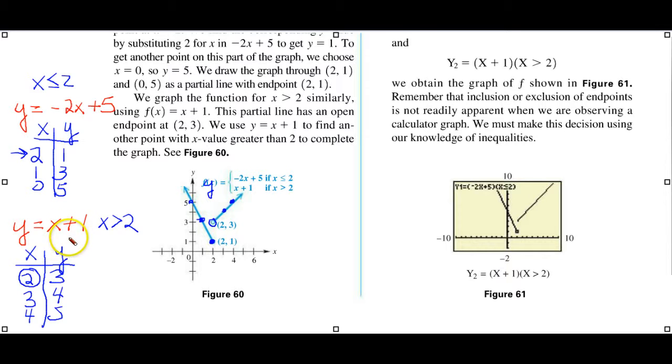Again, for the other function, looking at the qualifier, picking out points, remembering if it's just a less than or greater than, that point is not included, but it tells you where to anchor your graph. Okay? Now, is this continuous? No. This is discontinuous, and this is a piecewise function.